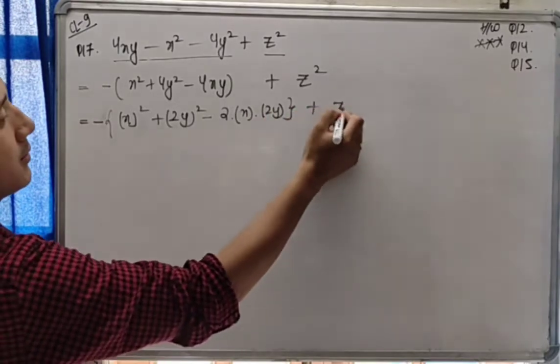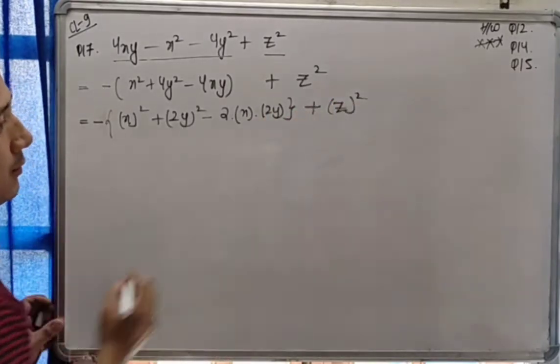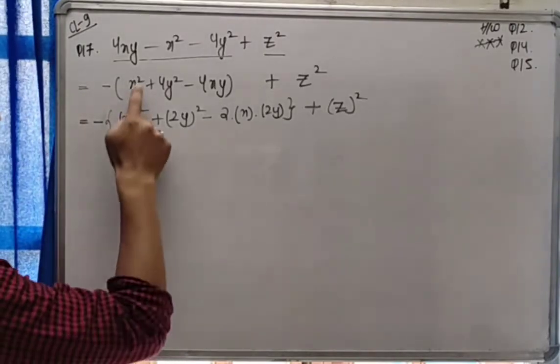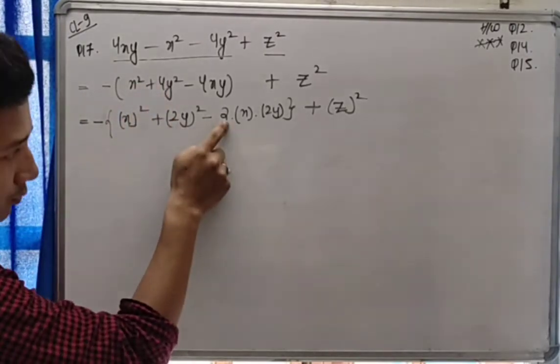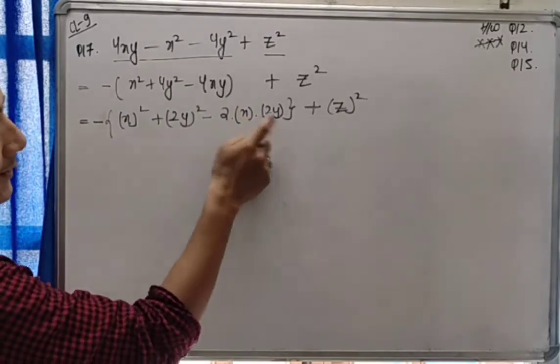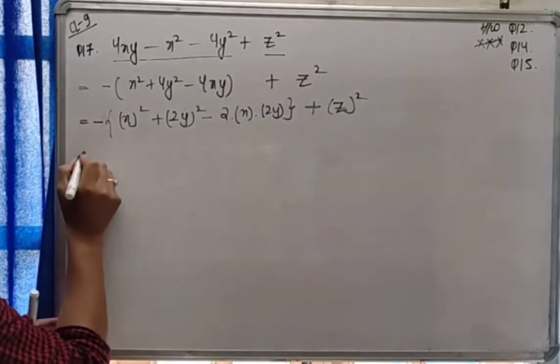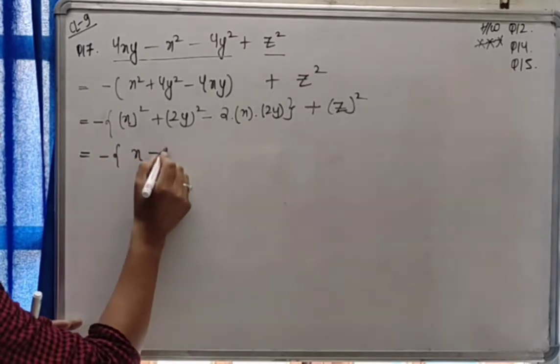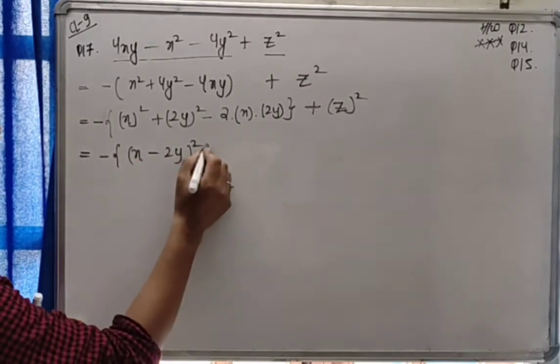Please check yourself. Are you understanding or not? a square plus b square minus 2, 2 2s are 4, x into y, xy. So which formula is it? a minus b whole square.